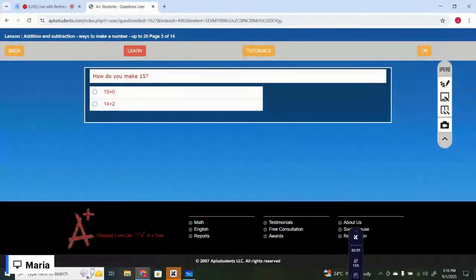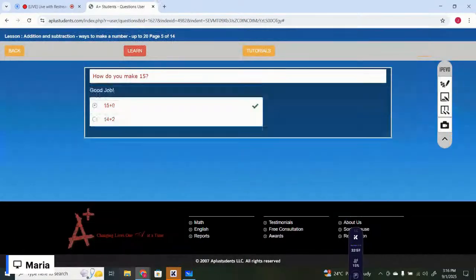How do you make 15? That is 15 plus 0. 15 plus 0 makes 15. Option number 1 is the correct option.